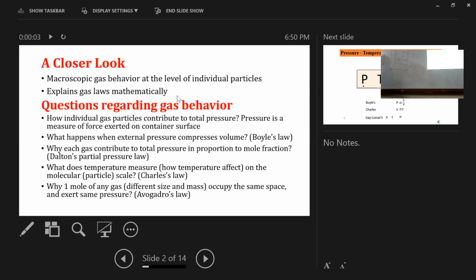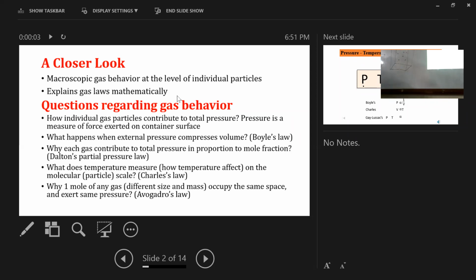So what happens when external pressure compresses the volume? That can be explained by a certain law, Boyle's law. At a certain temperature, the volume of a gas in a closed container is inversely proportional to the external pressure.